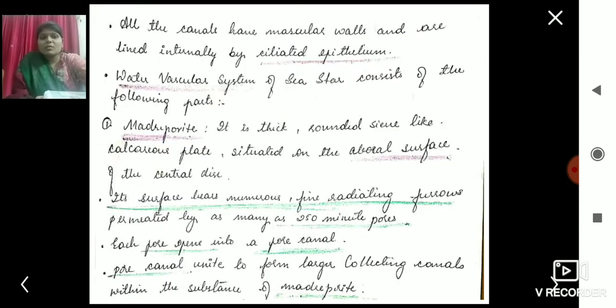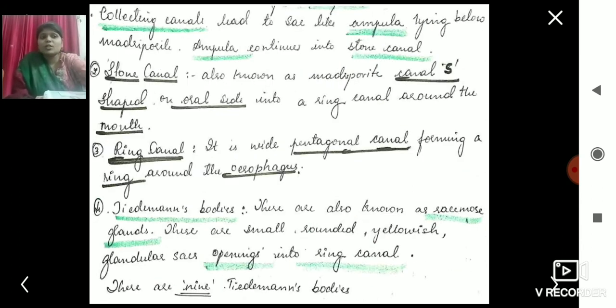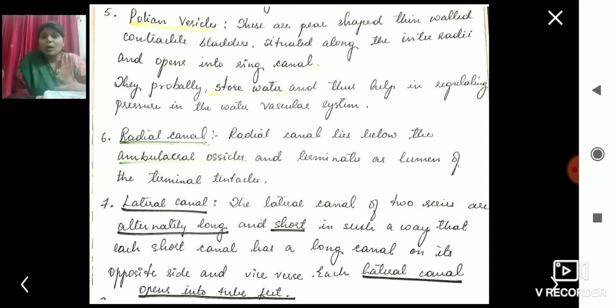It is a structure seen on the outer surface of the sea star. These pear-shaped, thin-walled, contractile bladders are situated along the interradial region, in between the arms, and open into the ring canal. They probably store the water. They thus help in regulating the pressure in the water vascular system.